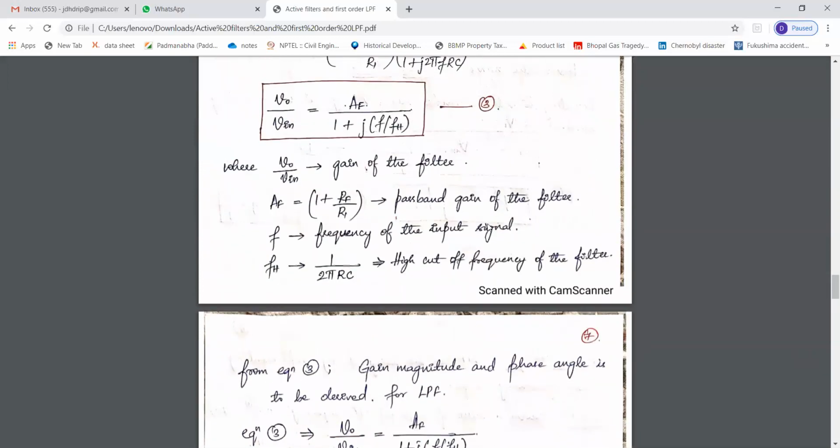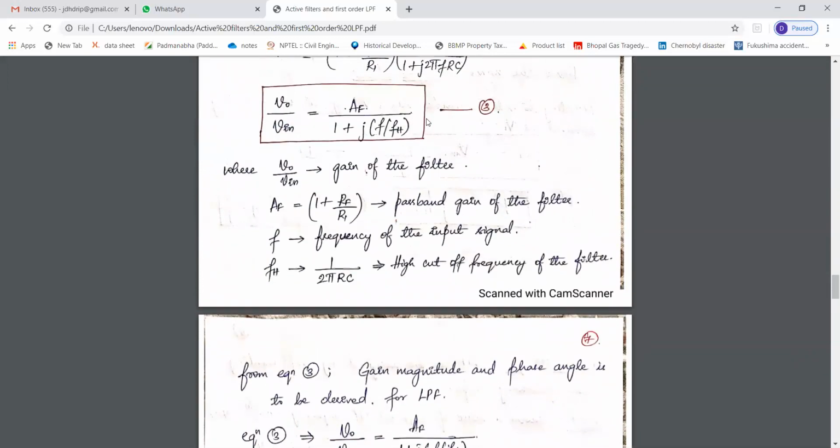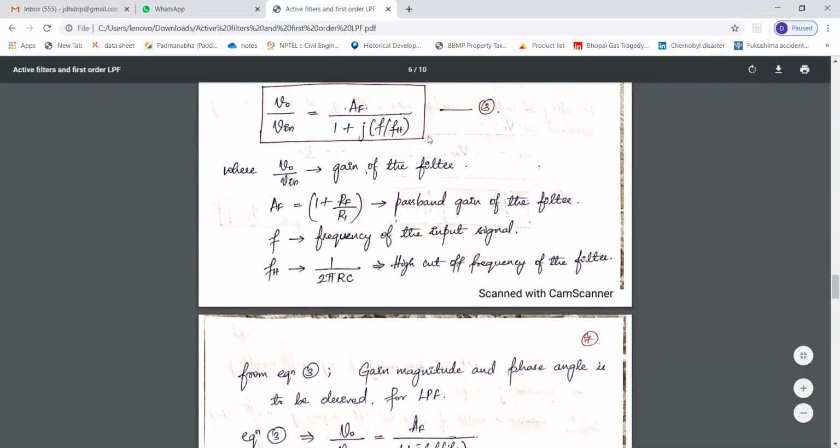From this equation we'll find out the magnitude of the gain and the phase angle for the low pass filter.